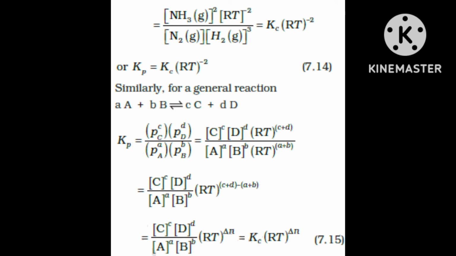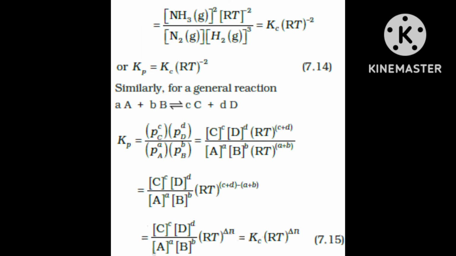So RT power (c plus d) minus (a plus b): the number of moles of product added minus the number of moles of reactant added, the difference, which we write as delta n, with delta being a small triangle.